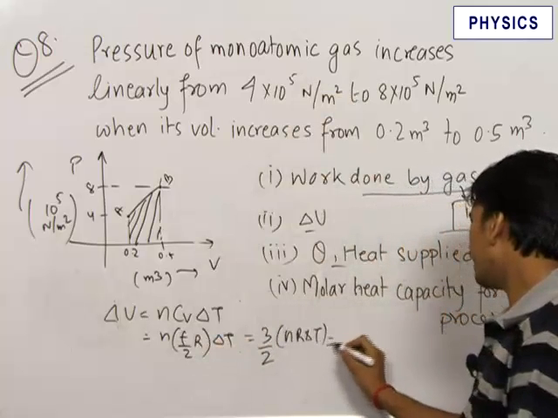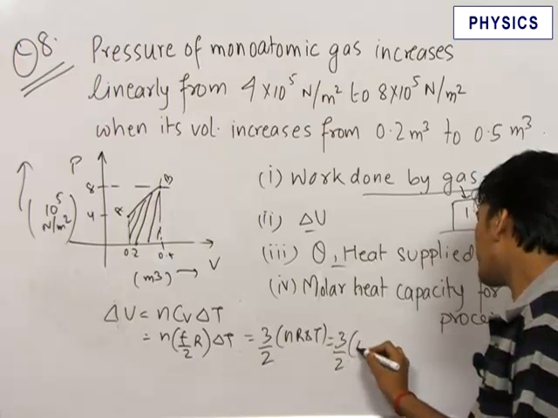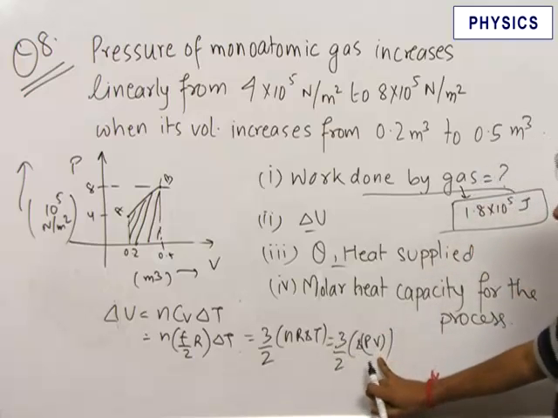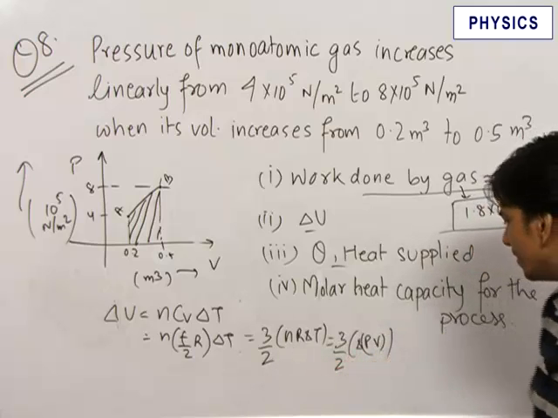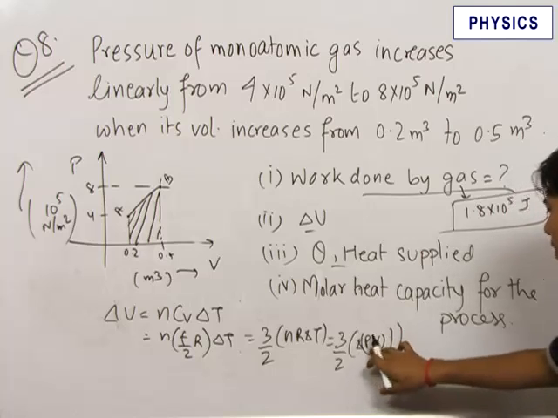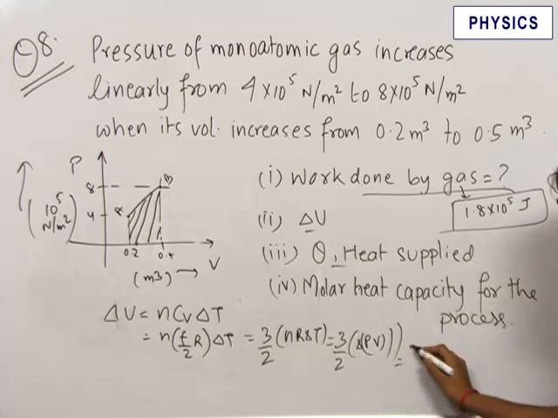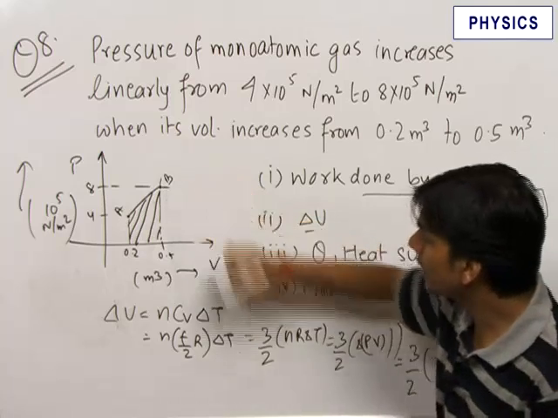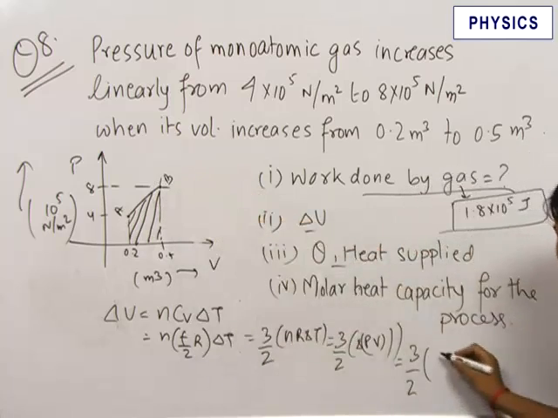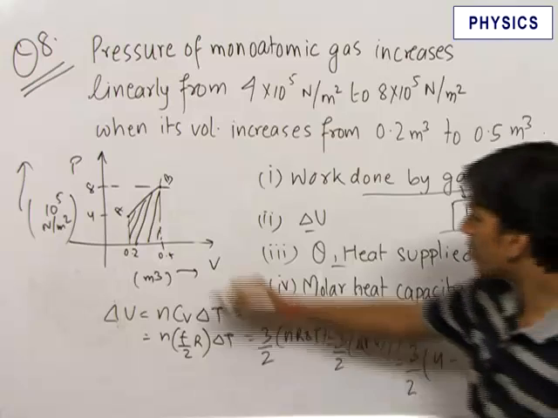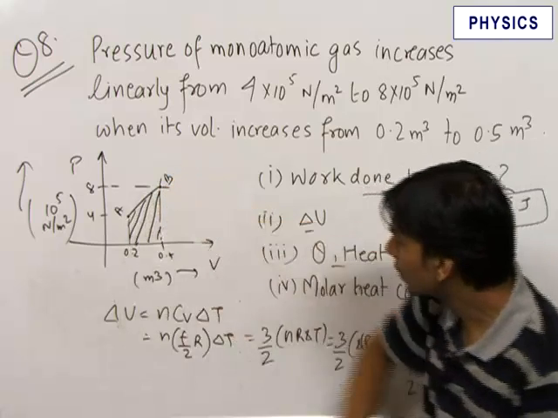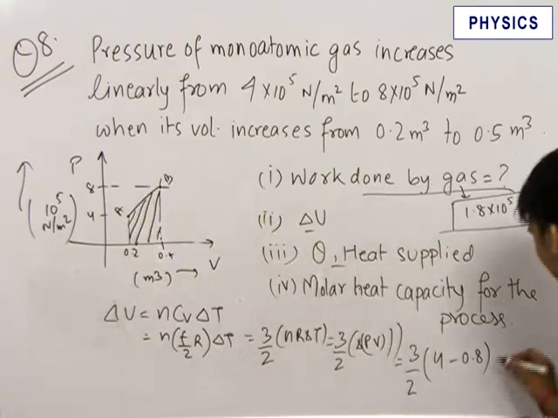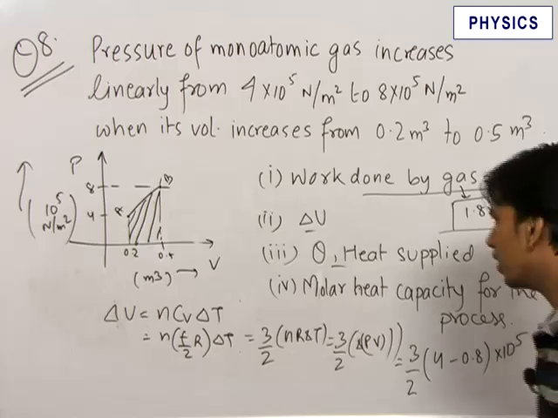Now nR delta T can be written as delta of PV, that is P final V final minus P initial V initial, which is equal to nR times T final minus T initial. On substituting the values, P final V final minus P initial V initial is equal to P_B into V_B, that is 8 into 0.5, that is 4, minus P initial into V initial, that is 4 into 0.2, that is 0.8, into 10 raised to 5, which comes from here.